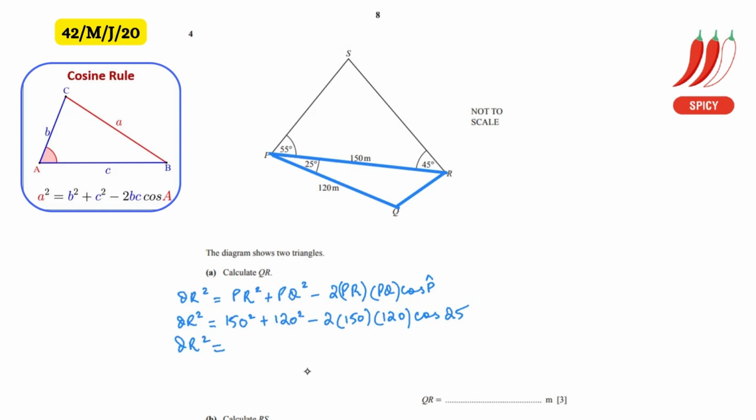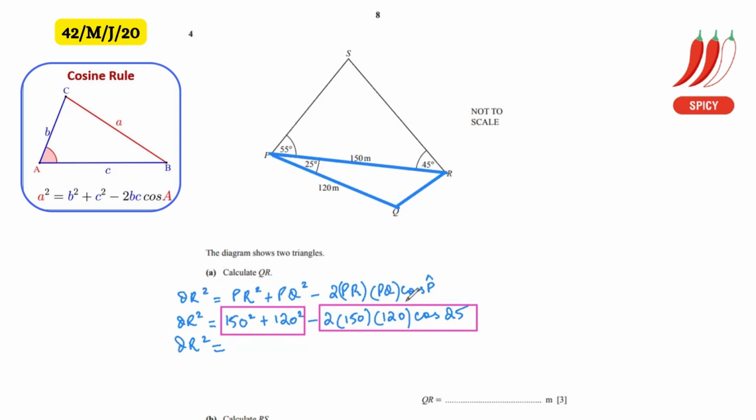And now when solving the cosine rule, what you need to remember is that you need to solve this part separately first and this part separately. The reason why I'm asking you to solve these parts separately is because what most students do is that they do the 150 square plus 120 square, and then they subtract 2 times 150 times 120 from it.